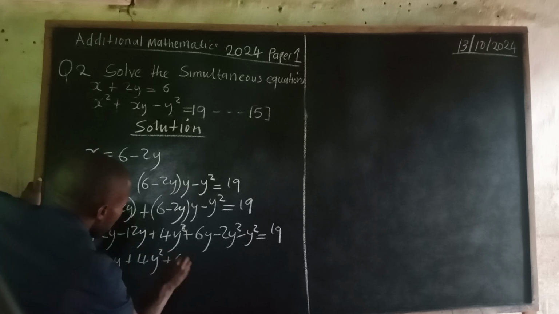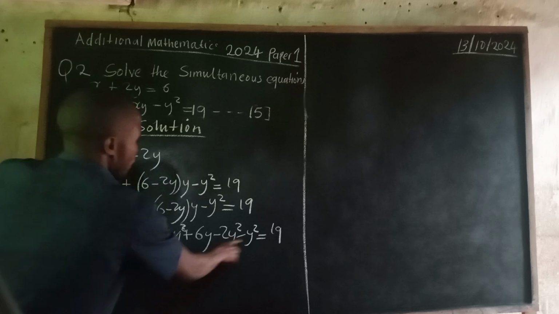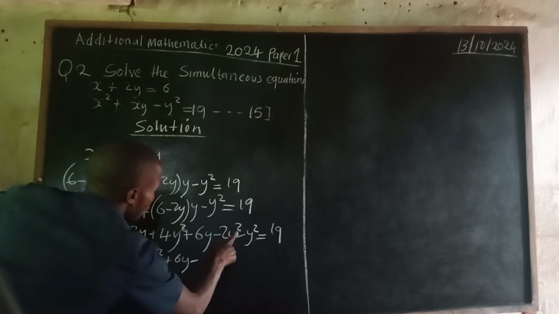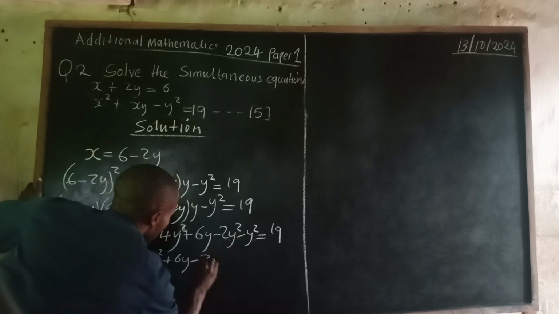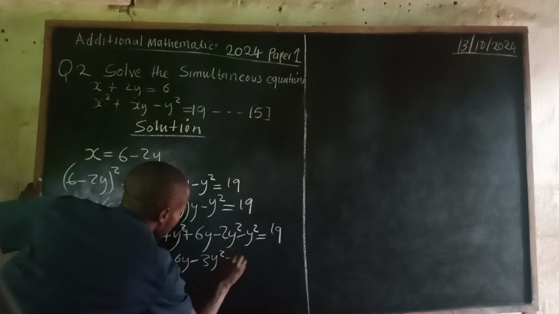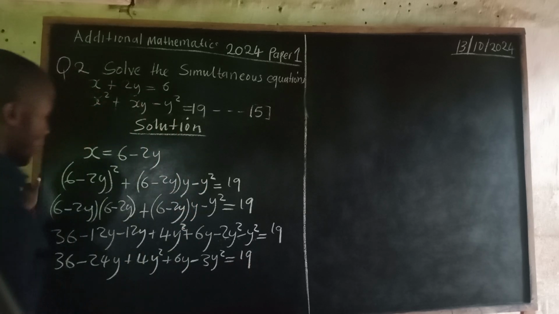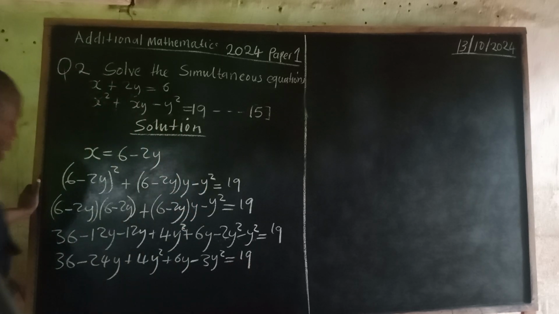Then plus 6y. Also, negative 2y squared minus y squared are like terms, so they can be simplified. The answer will be negative 3y squared equals 19.